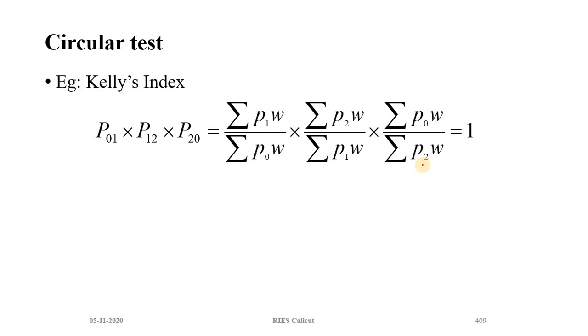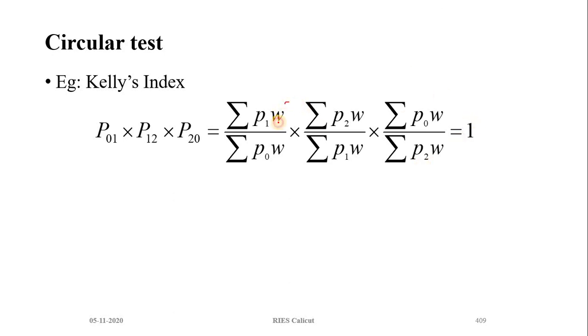It may take two periods or more than two periods. No problem. It may take a geometric average or arithmetic average, no problem. But the thing is that Kelly's weight is fixed. So, sigma P1W divided by sigma P0W.